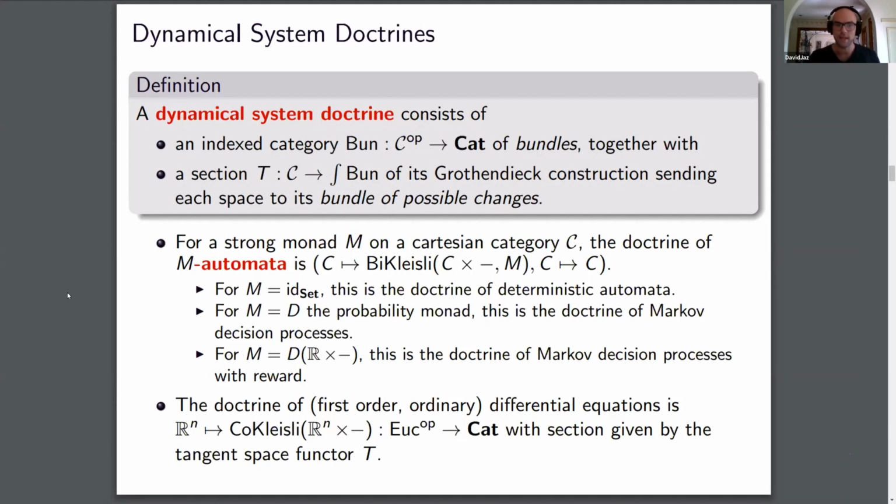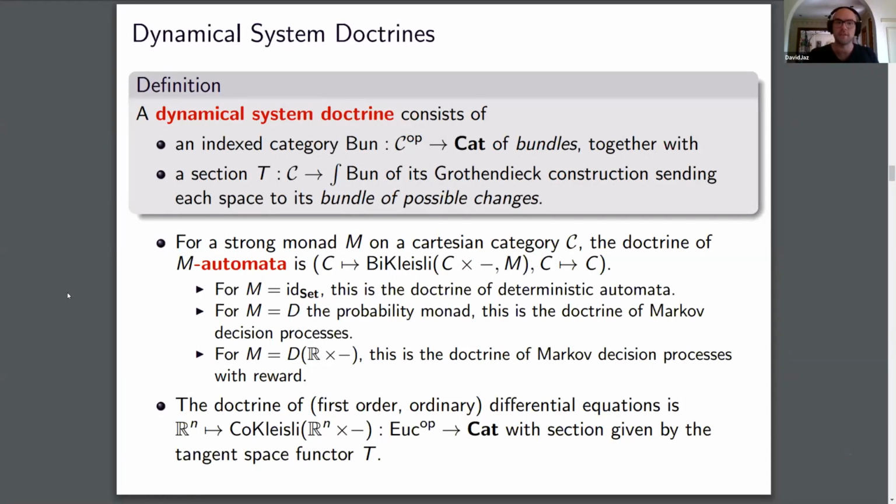That's going to be C, because we have a notion of state space. And then we also need a notion of changes in a given state and a notion of parameter that's valid in a given state. Being valid in a given state is going to mean that the parameters are going to be fibered over the exposed variables, really.